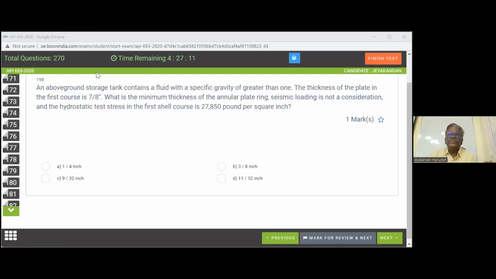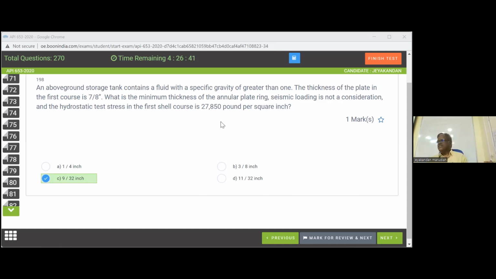Okay. So what is the answer for this question? 9/32. So we have to check the 650 table. Again, I am repeating: for a newly constructed tank, to check the under bottom plate, you have to refer only to 650.